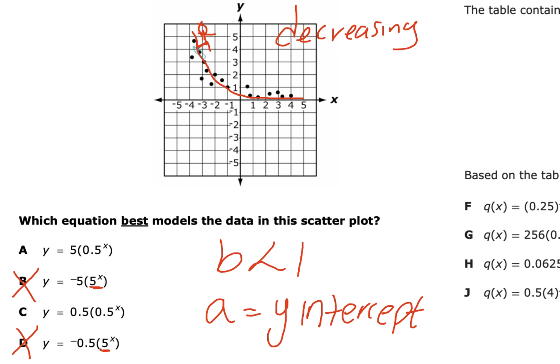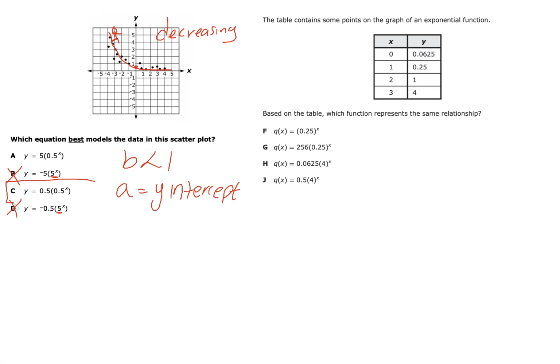And when we drew a line to connect some of the dots, our y-intercept looks like it's between 0 and 1. The only number here that's between 0 and 1 is 0.5. So our answer is C.